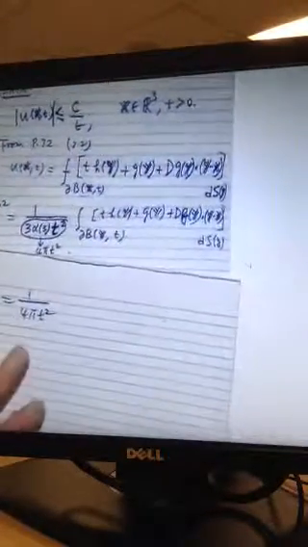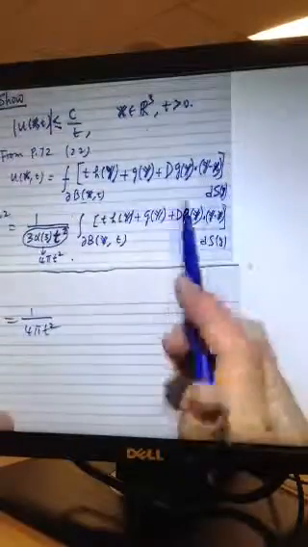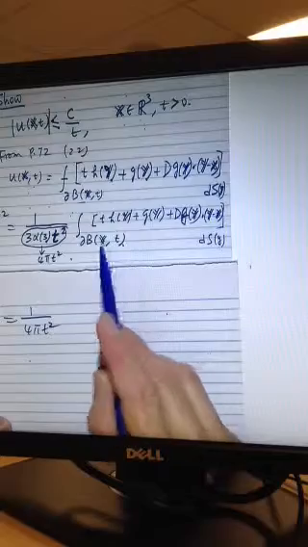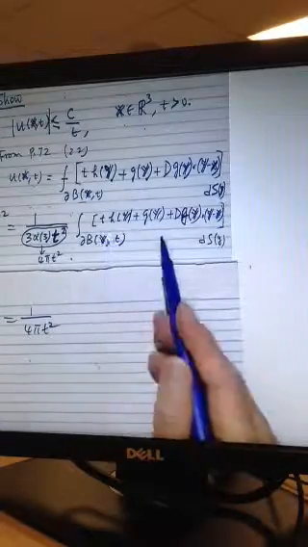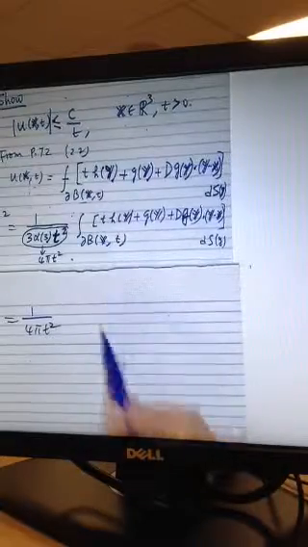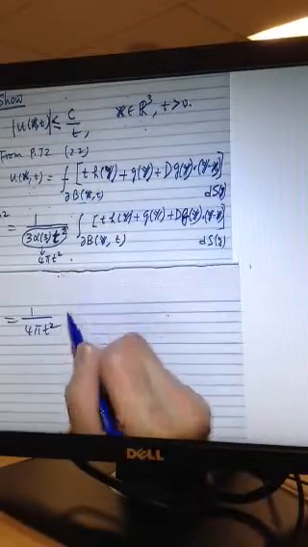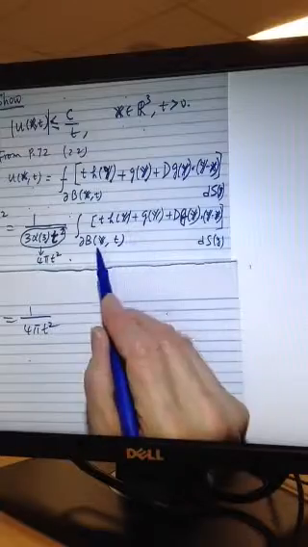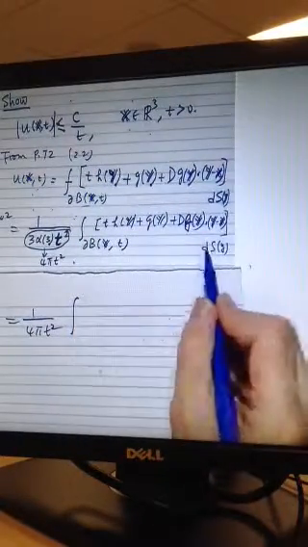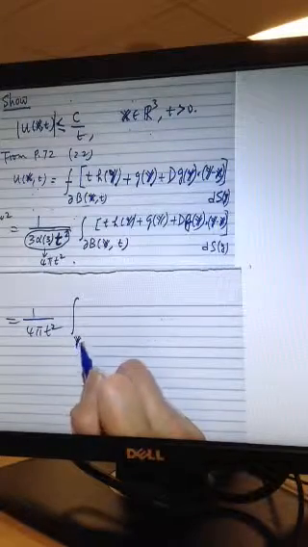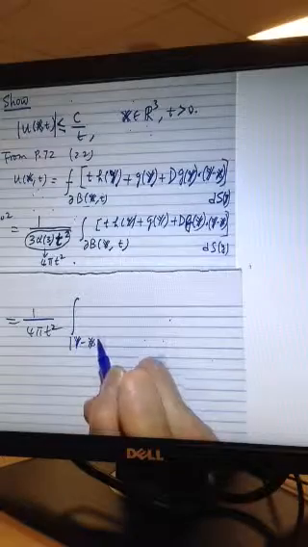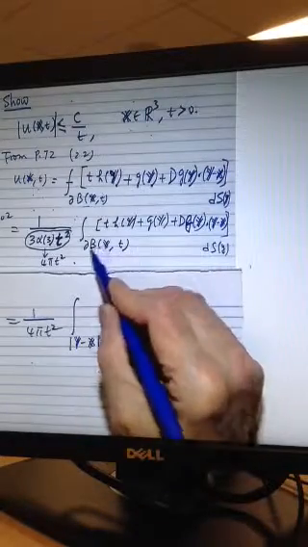If I look at this, I have to think, what integral are they doing? This is really the set of all y where the magnitude of y minus x equals t, because this is on the boundary.